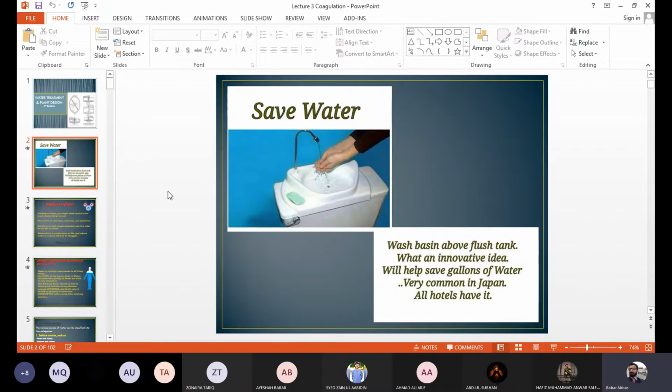And if it is being practiced across the globe, you can imagine how much water is being flushed away in an unnecessary manner, while we have an opportunity to conserve or save the water. So these are simple things but very effective in terms of natural resource conservation. We must keep such things in mind, and we must promote such things.